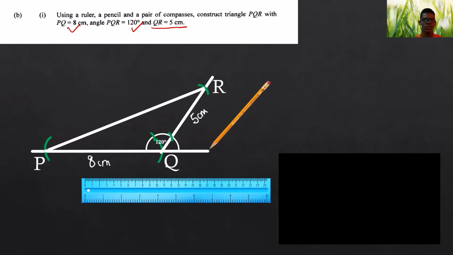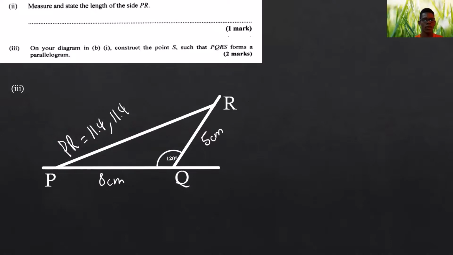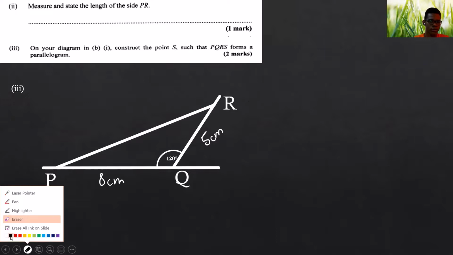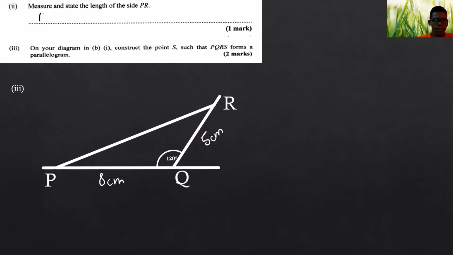Do those things and you should get your full marks. 11.4, 11.5, roughly 11 centimeters is the length for that side, right? One mark there.